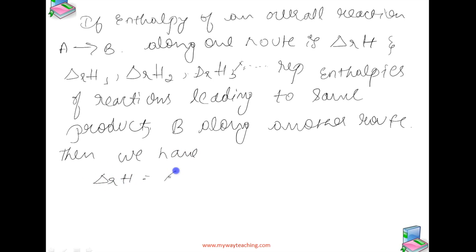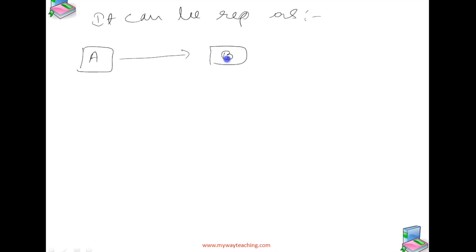delta RH is equal to delta RH1 plus delta RH2 plus delta RH3, and it can be represented as A to B with delta RH.